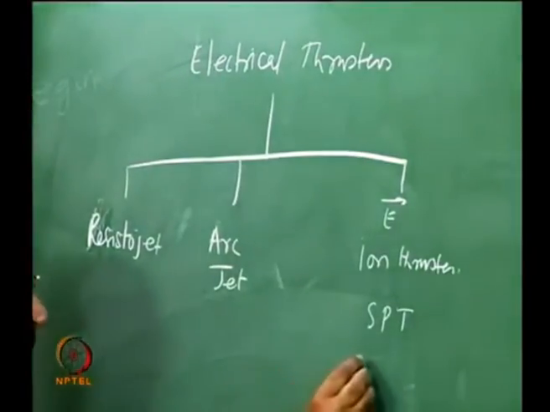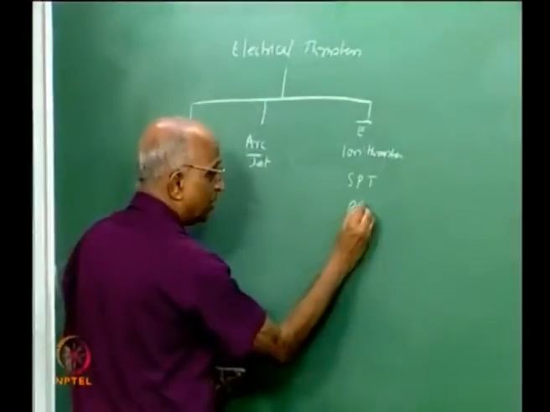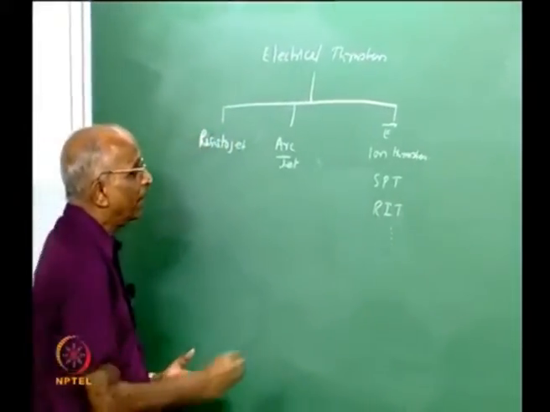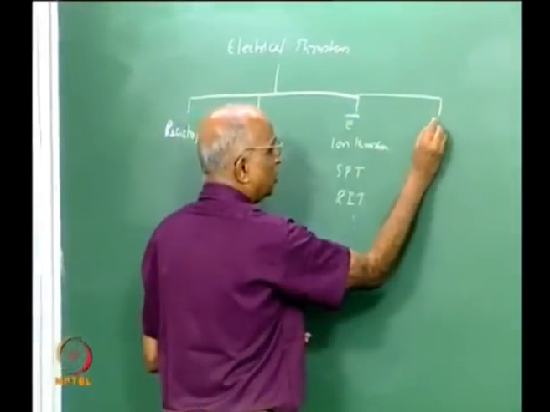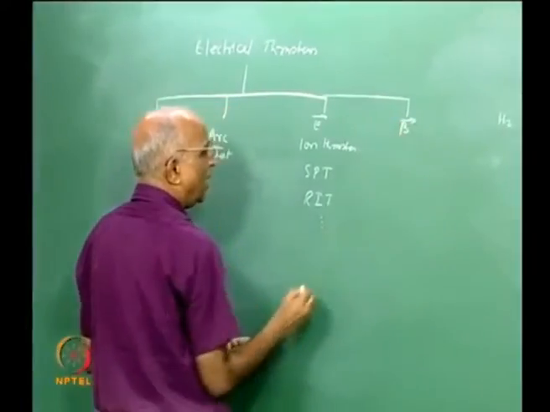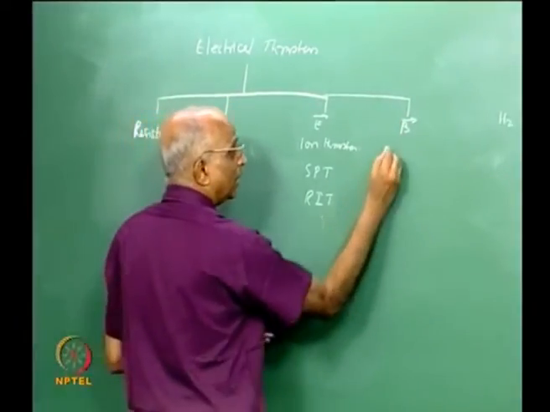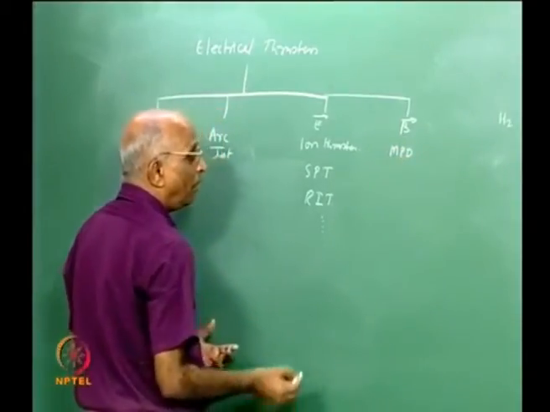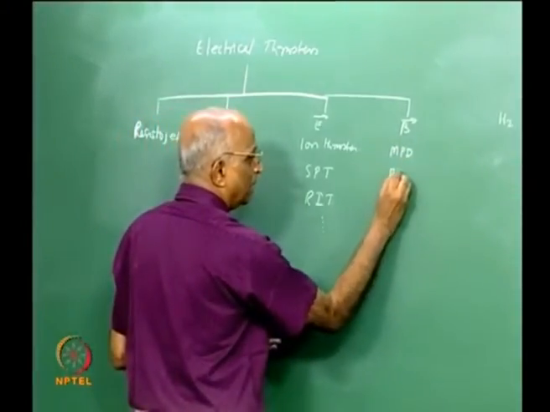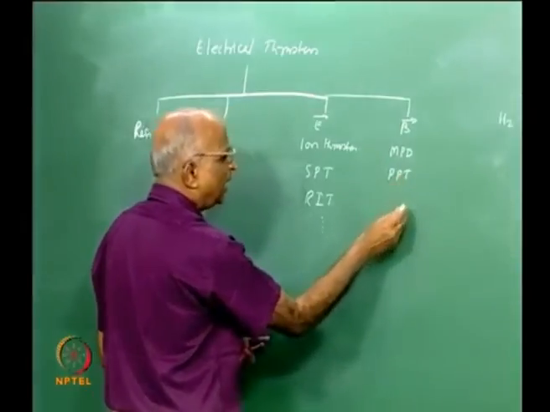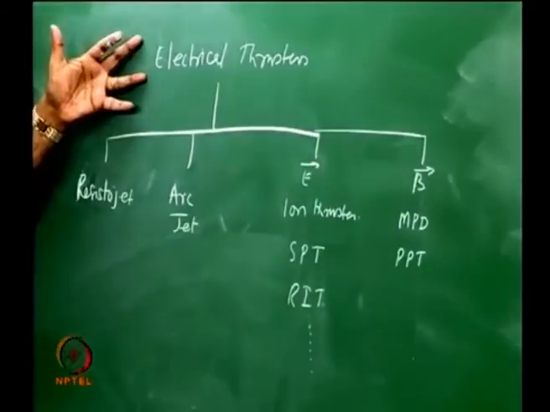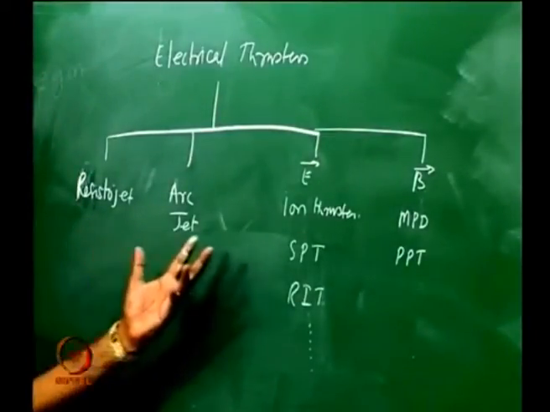I could have a radio frequency ion thruster and maybe a colloidal thruster and so on. I could also use the magnetic principle, namely the Tesla, where I have a magnetic field, to create maybe the MPD, magnetoplasmadynamic thruster, or I could also have a pulsed plasma thruster, and you could keep on deriving in this. Well, this is all about the electrical thruster. We have looked at the principles of this.